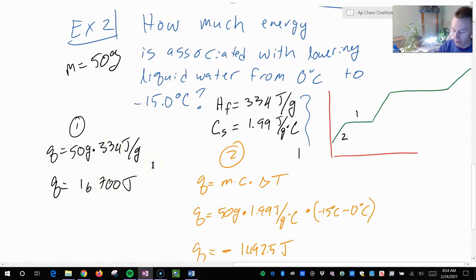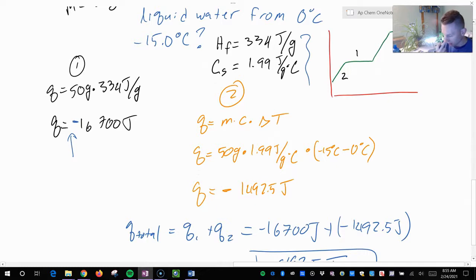But this actually needs to be negative because the math doesn't work out, like there's no adding or subtracting, but that negative tells us that energy is leaving the system, so it's just something you got to be aware of. Not super important, but it does kind of matter when you start comparing it to part 2.